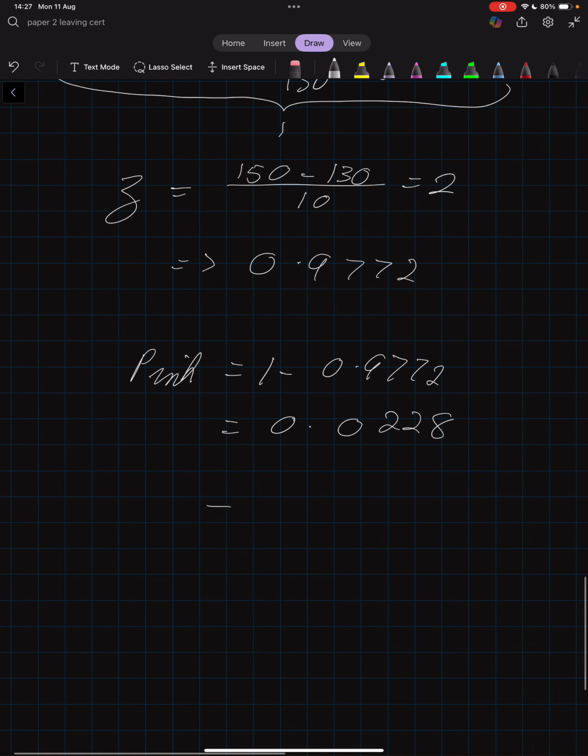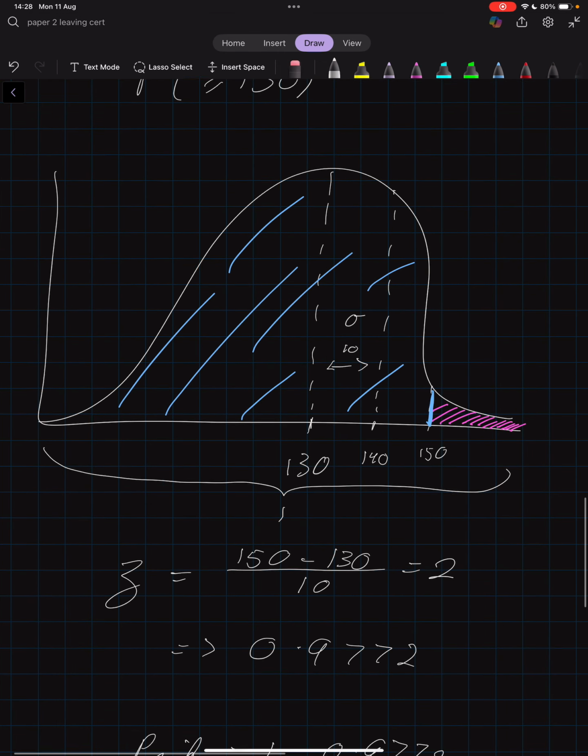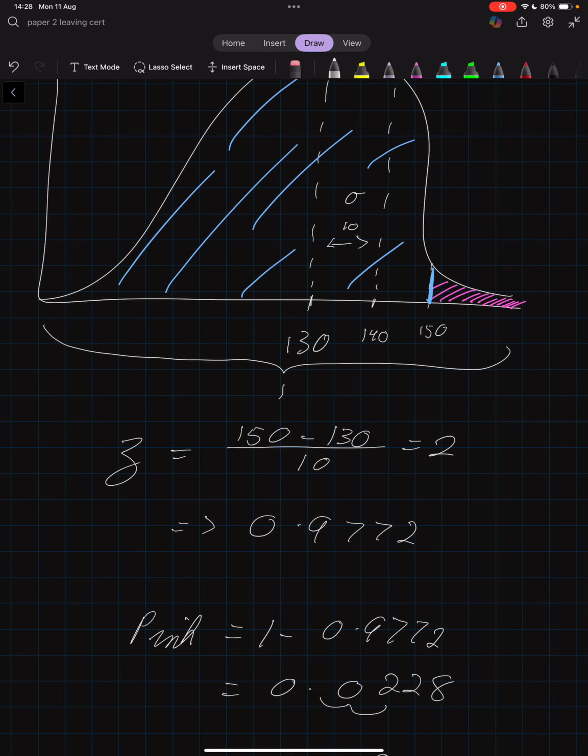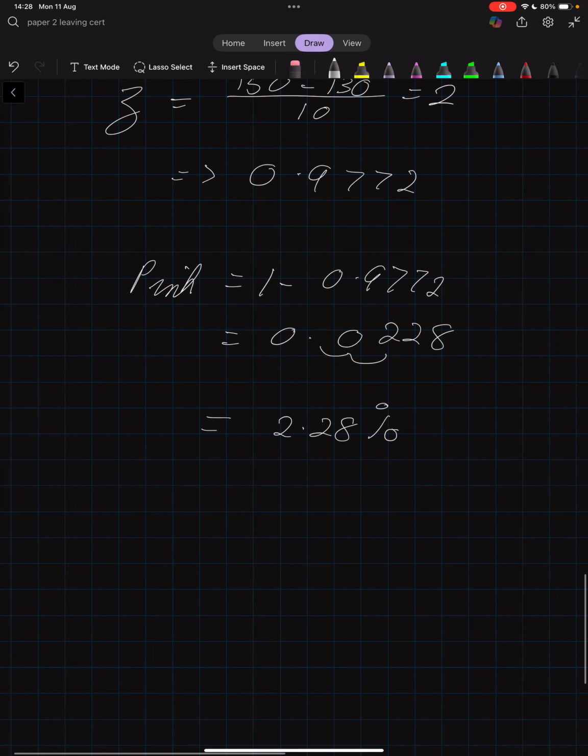And that as a percentage, multiplied by 100, bringing the decimal point over 2 places, you get 2.28%. So there's a 2.28% probability that your score will be greater than or equal to 150. Okay, all right. So that's that.